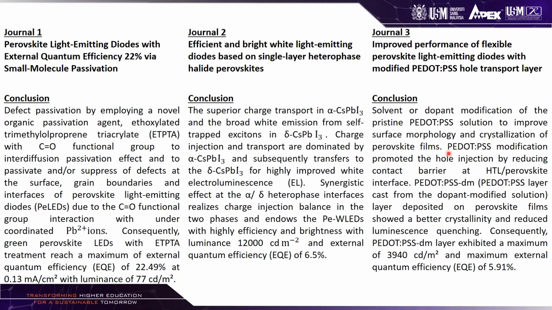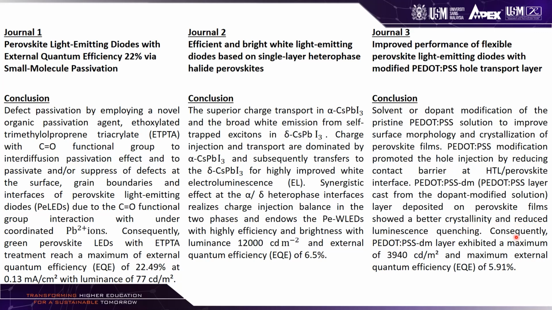P-dot:PSS modification promoted hole injection by reducing the contact barrier at the HTL to perovskite interface. The P-dot:PSS DM layer, cast from the dopant modified solution, deposited on perovskite films shows better crystallinity and reduced luminescence quenching.